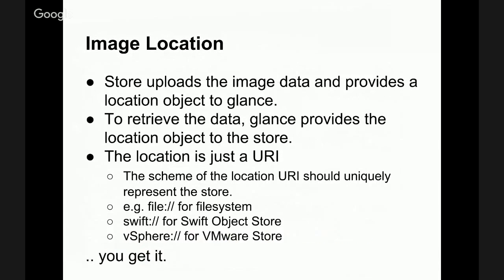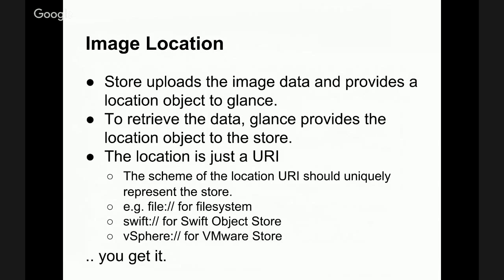As I said before, a store uploads the image data, and it provides back to Glance API a specific location object. The location is nothing but a URI which uniquely identifies the image data on the backend. For example, if it's an HTTP backend store, then it is the HTTP URL of wherever the image is hosted.